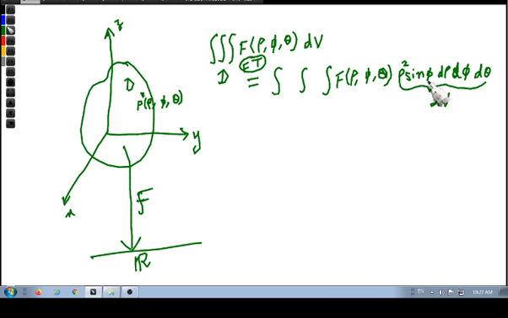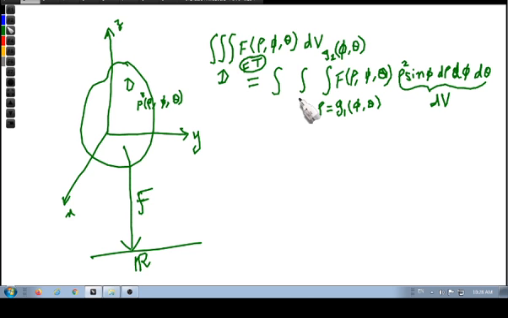So first integration with respect to rho. Rho varies from somewhere to somewhere. So let us write, when I vary rho, my phi and theta are fixed, G1 of phi comma theta to G2 of phi comma theta, this is the rho variation.